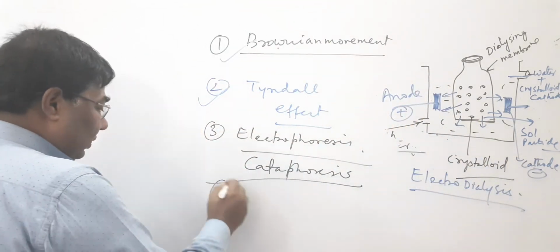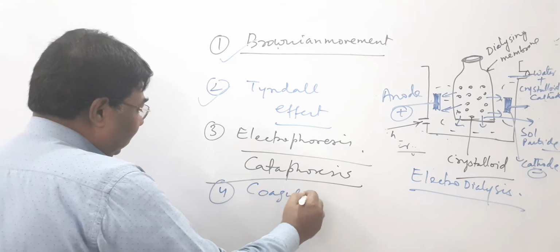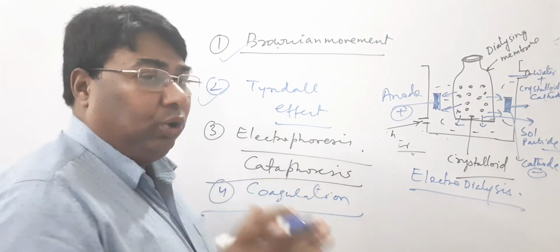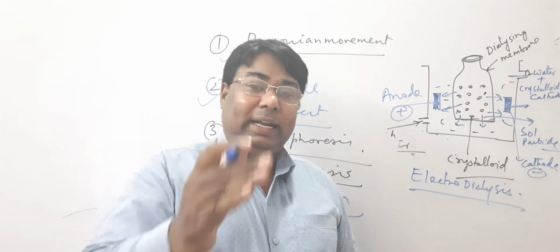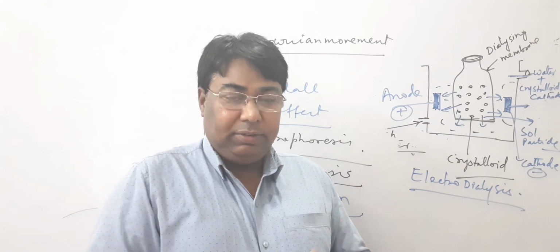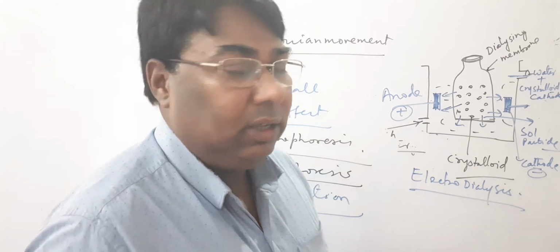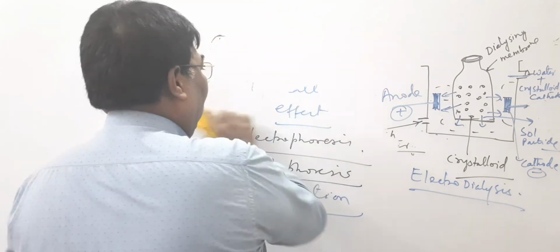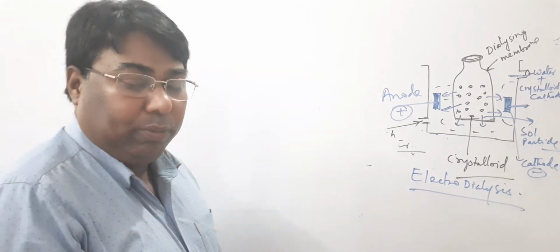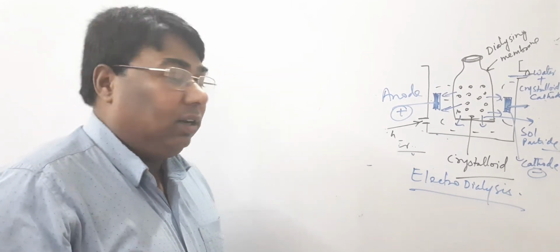Number 4, coagulation: the settling down of colloidal particles by adding an electrolyte is known as coagulation. And then we discuss another topic, which is the Hardy-Schulze law. These are the 4 main important properties of colloidal solution.